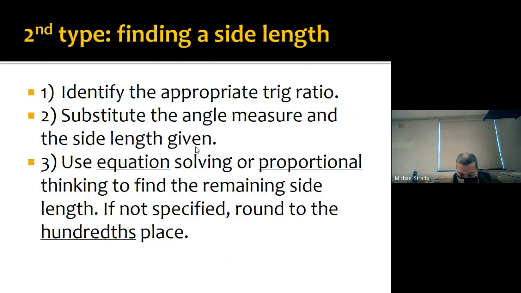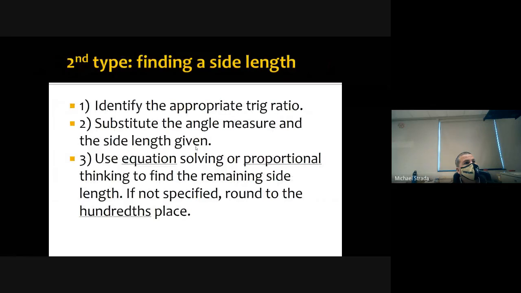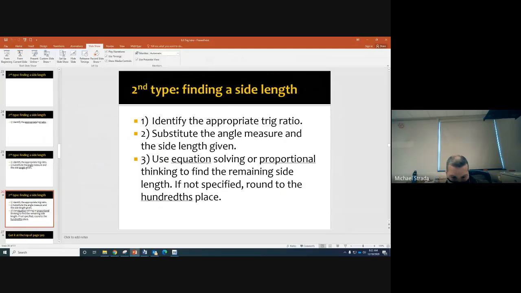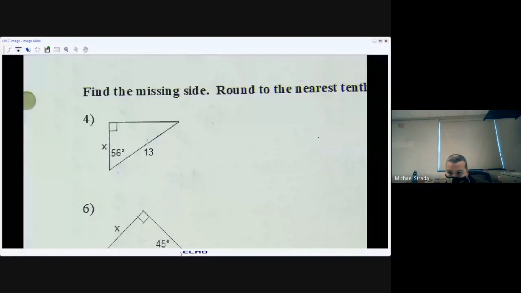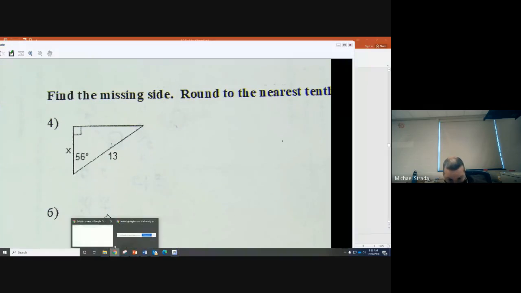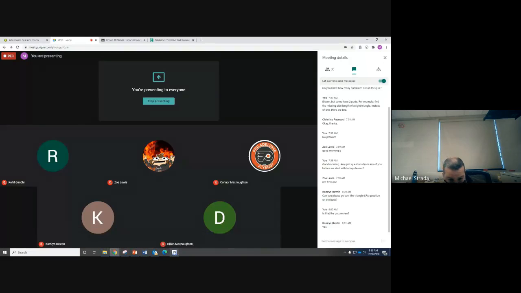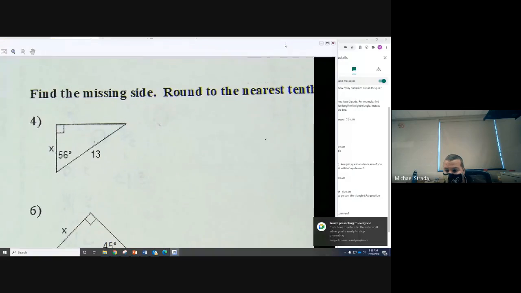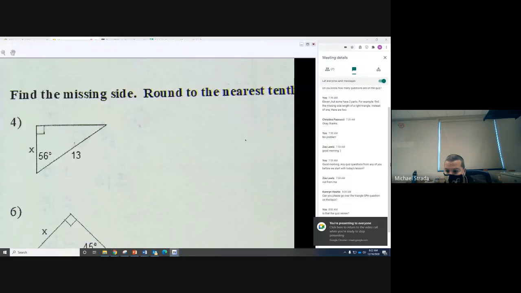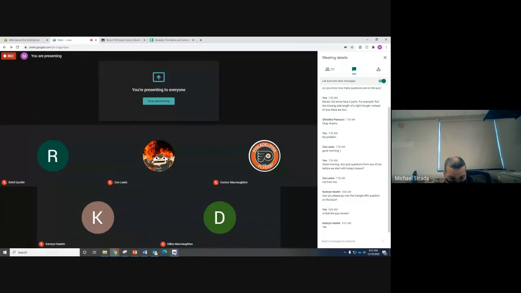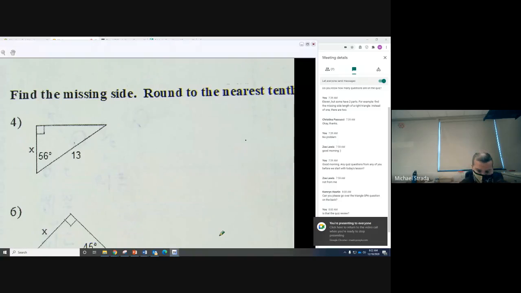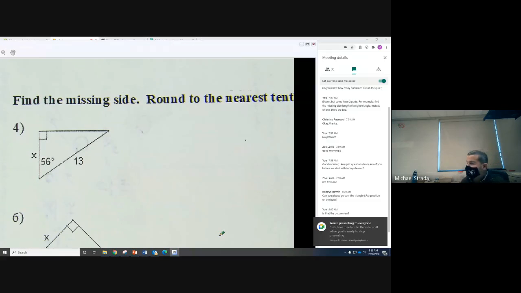Good. All right. So we flip to the back. Okay, so we're looking at number 4.